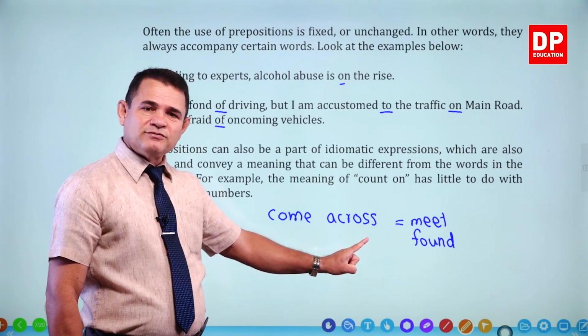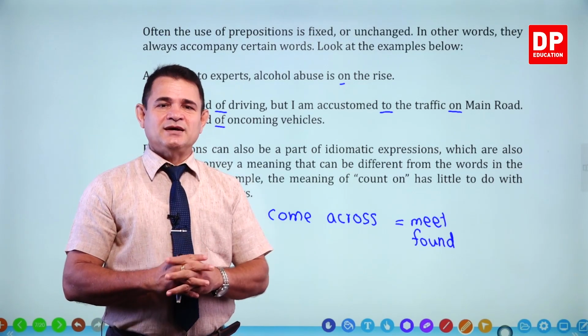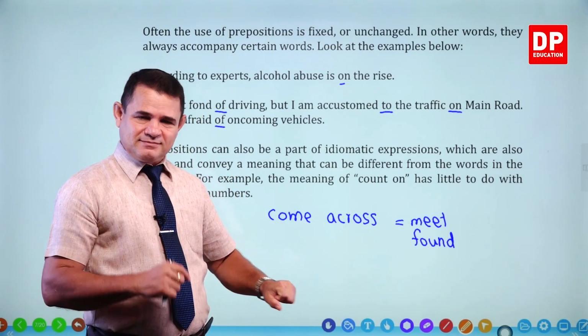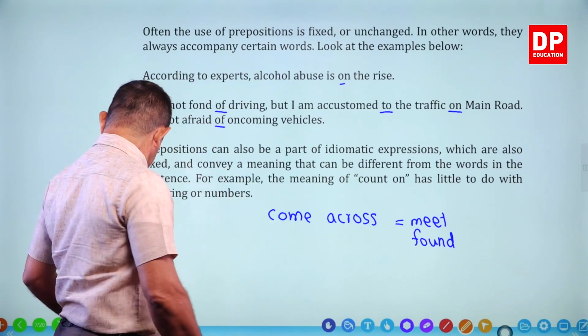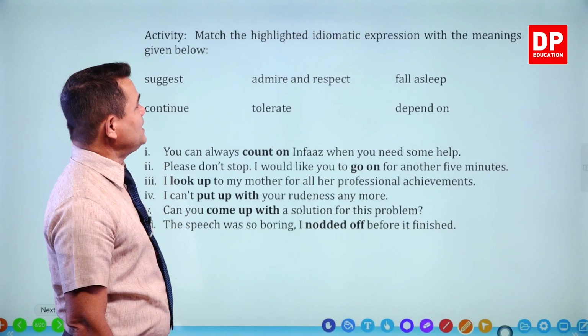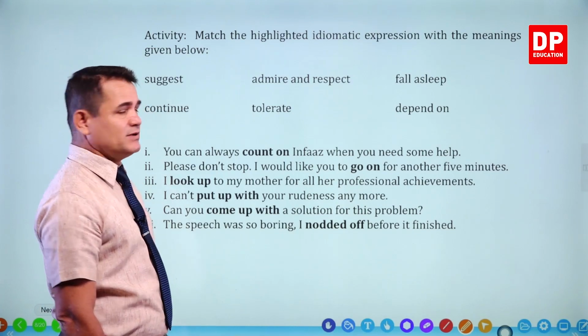So these kinds of things don't translate. So you have to find these kinds of words and practice. මේ වගේ වචන හොයාගන්න ඕනේ. මතක තියාගන්න. Right. Next one, activity. Match the highlighted idiomatic expressions with the meanings given below.